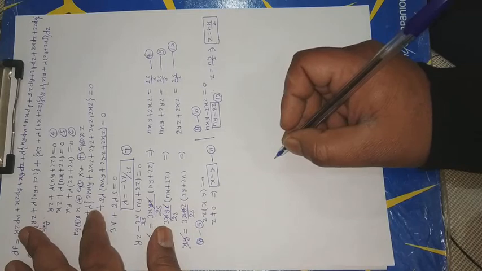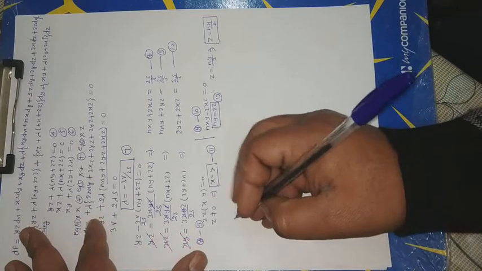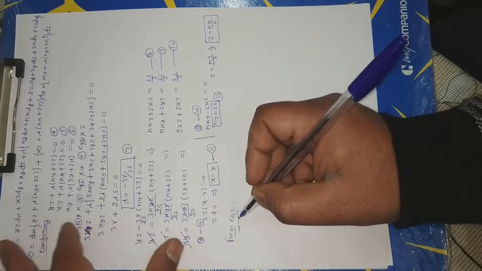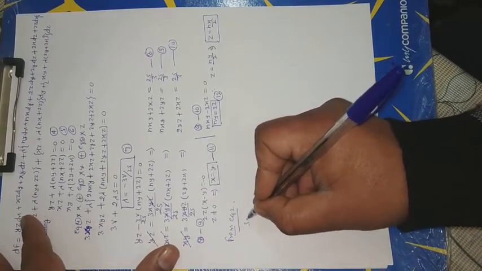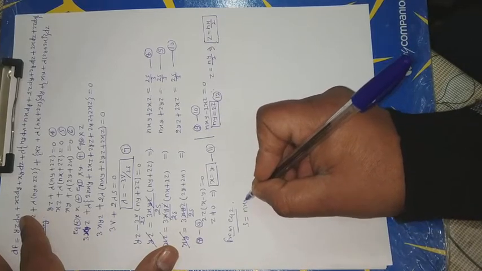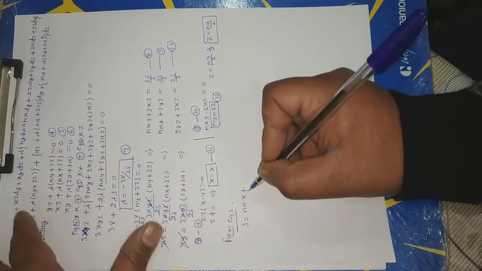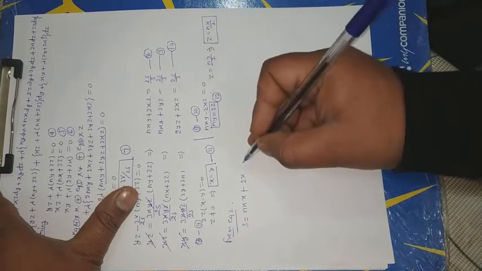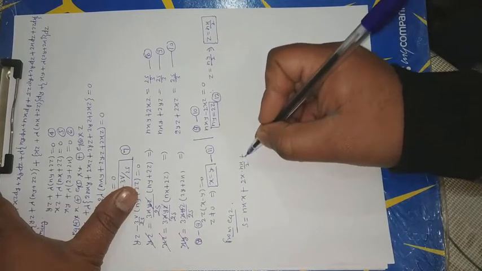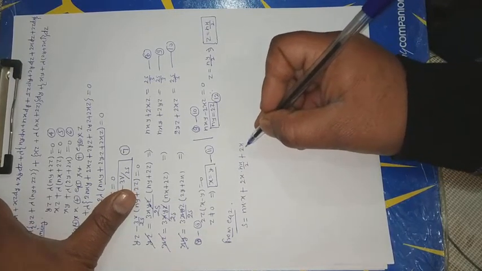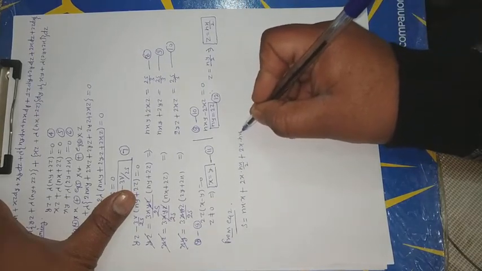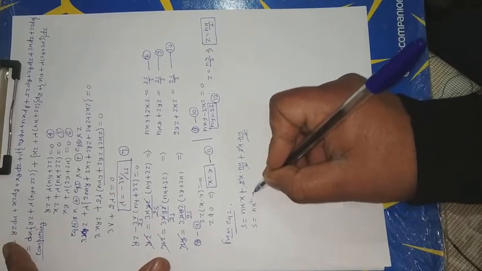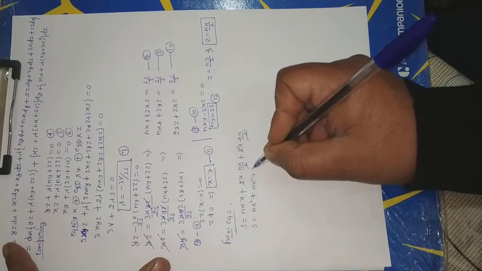Okay, now from equation number 2, with y equal to x and z equal to nx by 2, we get S equal to nx square plus 2yz plus 2xz, that is nx square plus nx square plus nx square.